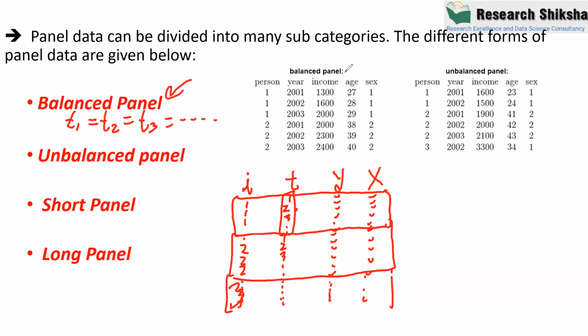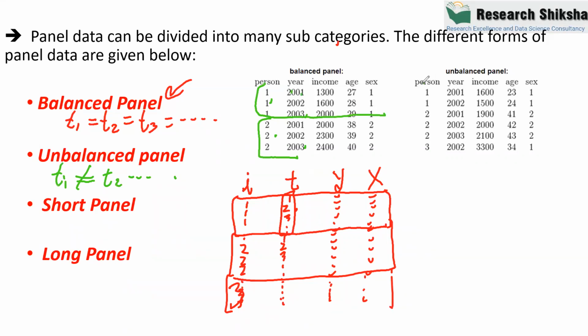Similarly, we have unbalanced panel. Unbalanced panel means the time period of the first company is not equal to the time period of the second company, or like that. For example, in this case, you can see that we have 2001 to 2003 for the first person as well as the second person. So this is the example of balanced panel.